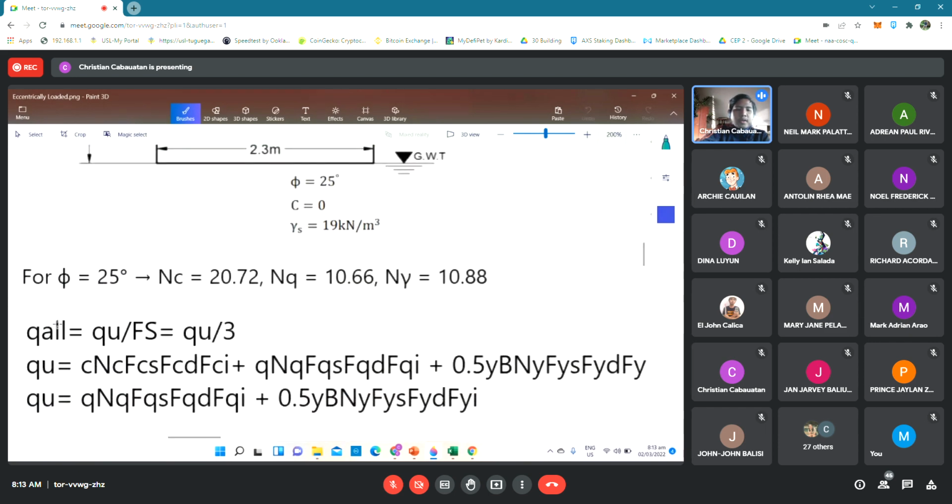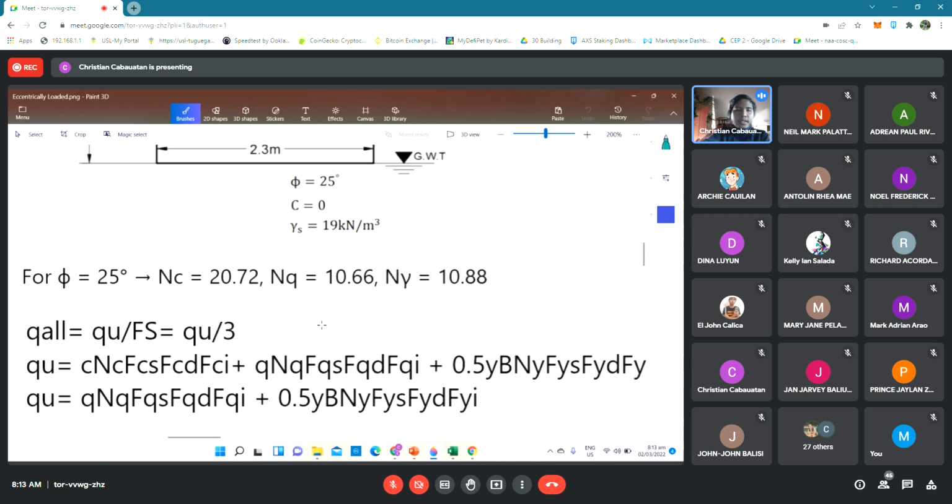Using q allowable, it is equal to q ultimate divided by the factor of safety. We have not solved q ultimate yet, so we put 3 first.